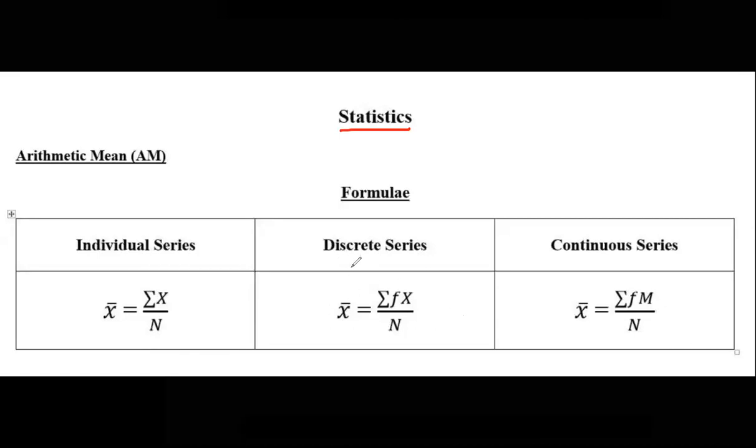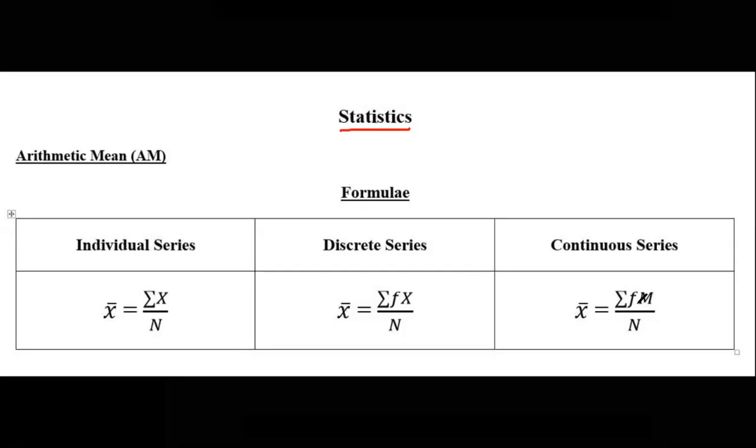Now this is all about the discrete series, and if there is a continuous series, then mean equals summation fm by n. We need to multiply here with the mid value. m is the mid value. Just remember, in place of x in summation fx, write fm, divided by n, otherwise you can write x in place of m also, no problem.